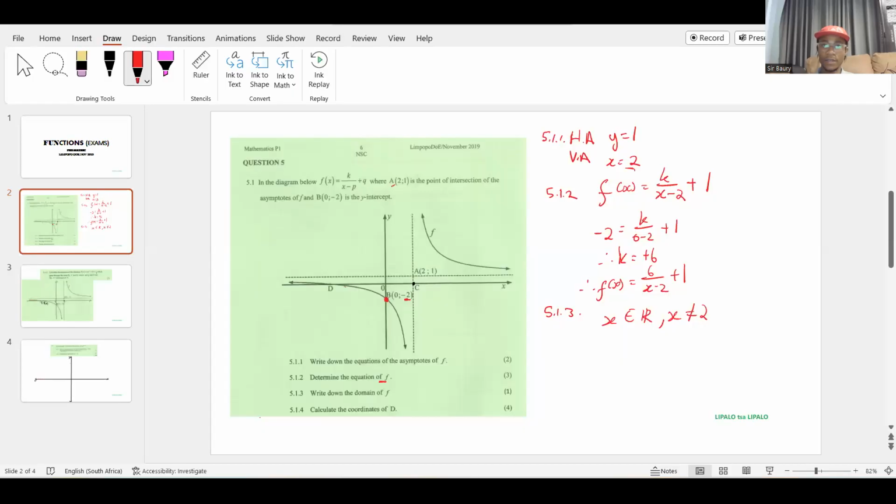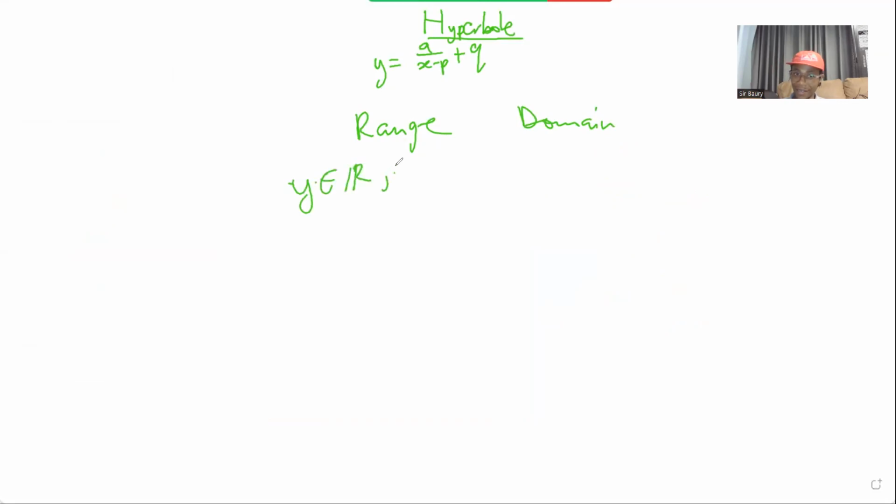Same thing if they ask you about y equals a over x minus p plus q, a hyperbola, the range and domain. The range is all the values of y for which the graph exists, where you can sketch the graph. So for the range, y exists everywhere except at the asymptote.